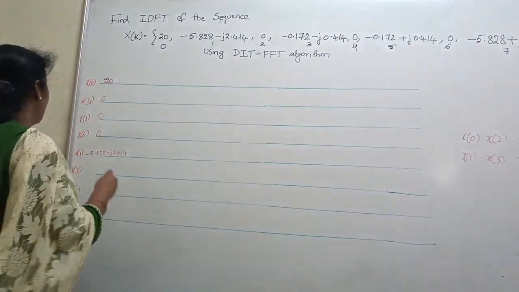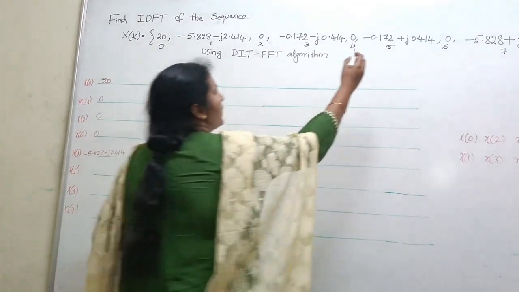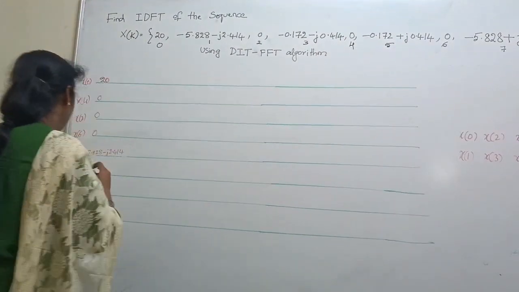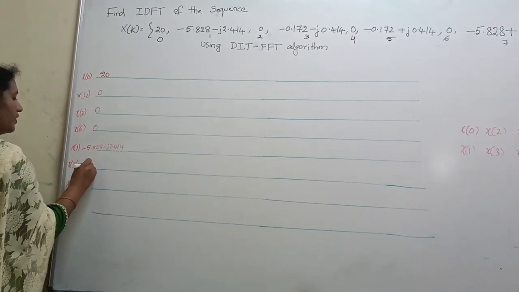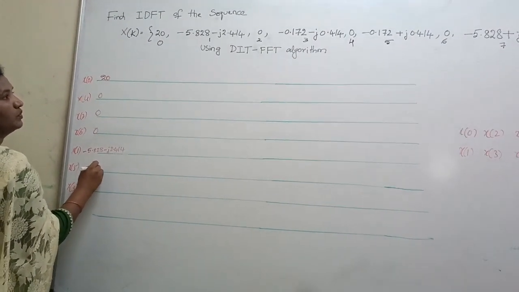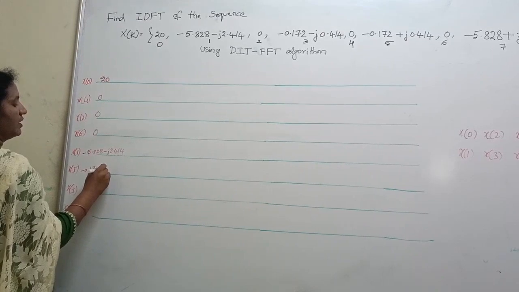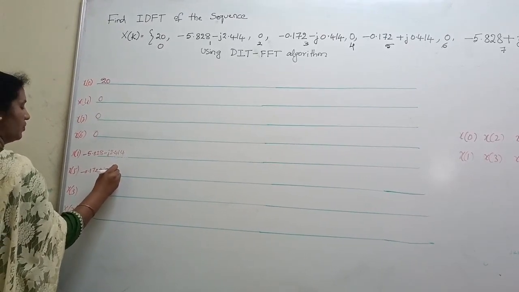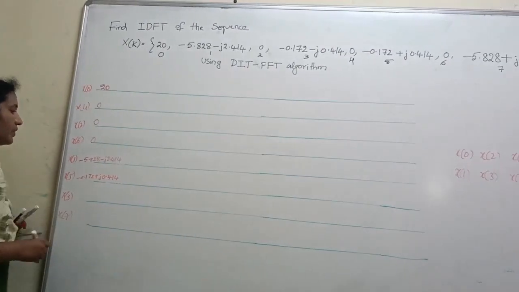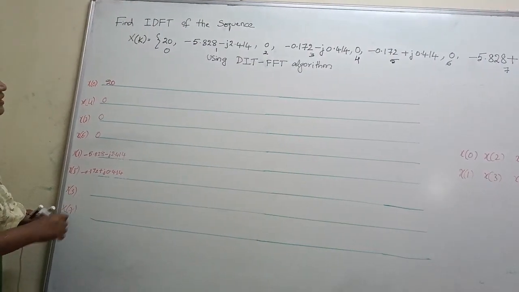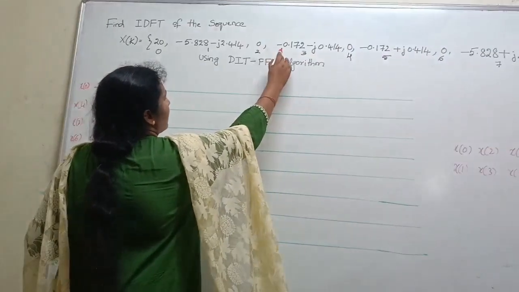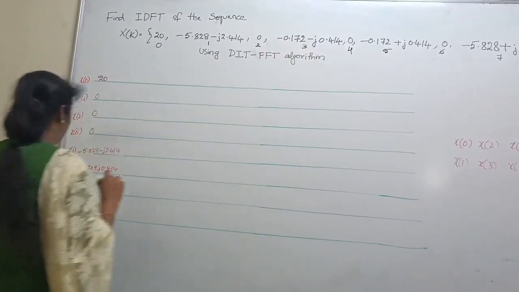Similarly, here x of 5. X of 5 is 0.172 plus j 0.414. Okay, next x of 3. What is x of 3? The same sequence, but it is minus.